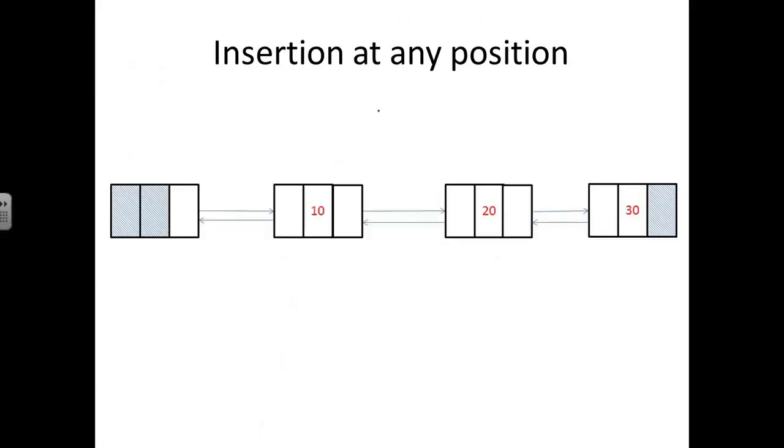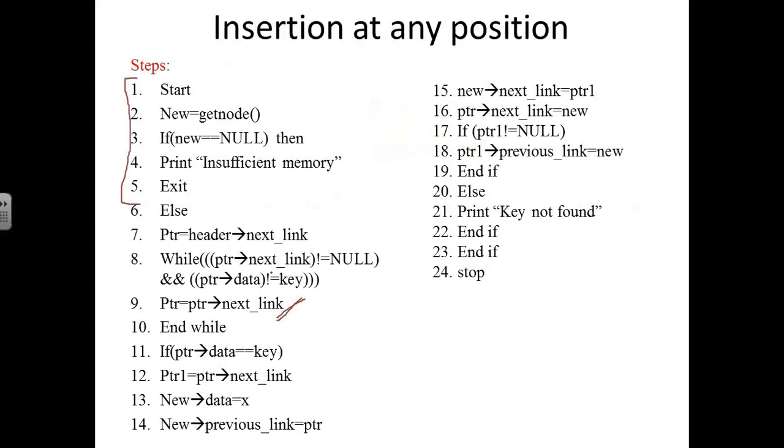I'll show you the example. Let us assume in this place I am going to insert a new node. The key value which I am going to provide is the element after which I need to insert this particular node. Maybe the key value may be the second position. Then if it is second position, then position minus 1 is 1, so the key value will become 1 here.